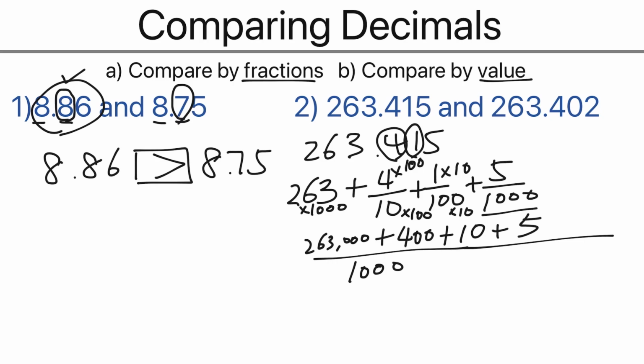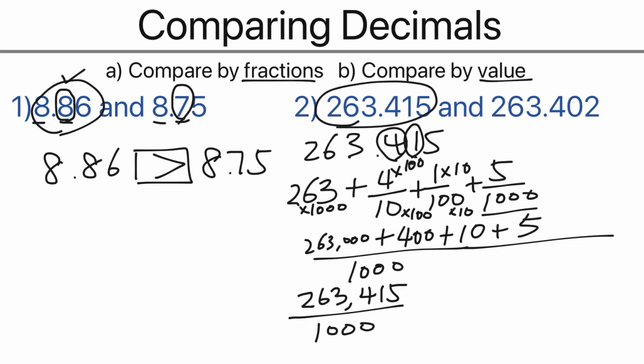And after adding up all the numbers, we will have 263,415 over 1000. So that would be equivalent to the first number. As you can see from the first number, with the 1000 denominator, all you're really doing is moving 3 decimal points back, and that becomes 263,415 over 1000.